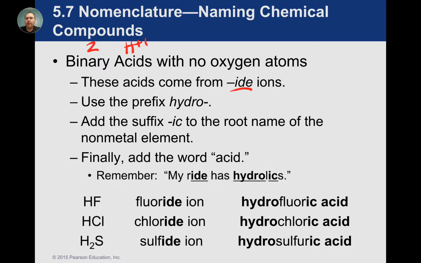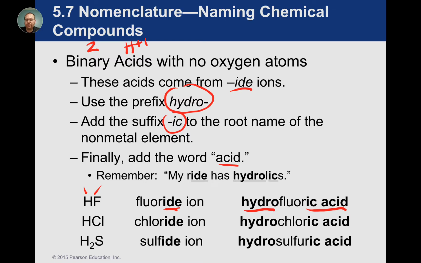And what we add here is a prefix hydro, a suffix ic, and then we throw acid at the end. So in the case of HF, we would say hydrogen fluoride. Because it ends in IDE, that tells us it was binary, but now we add hydro in front of fluorine, and then instead of ide, we say ic acid.